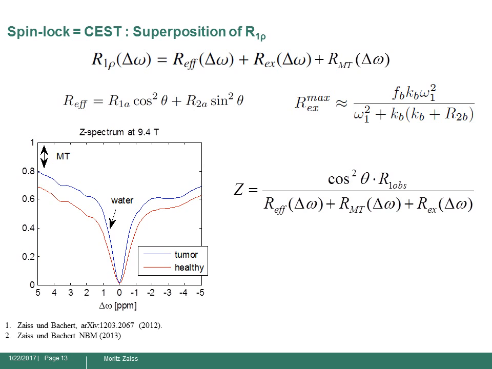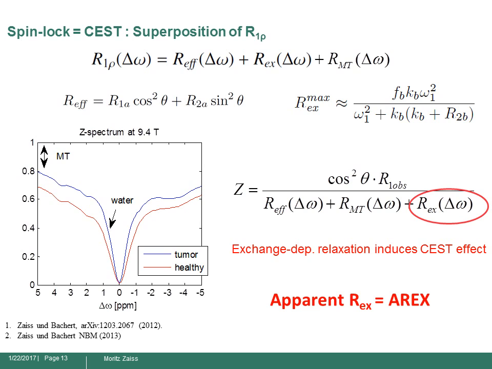And the interesting thing is that the exchange-dependent relaxation, so this R exchange term, induces the CEST effect, but it appears here in the denominator. So if we look into this asymmetry evaluation, I also want to say that this R exchange is why we call this signal AREX. We try to isolate this signal and call it the apparent R exchange signal.